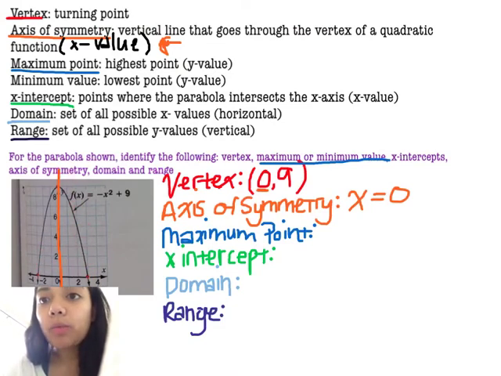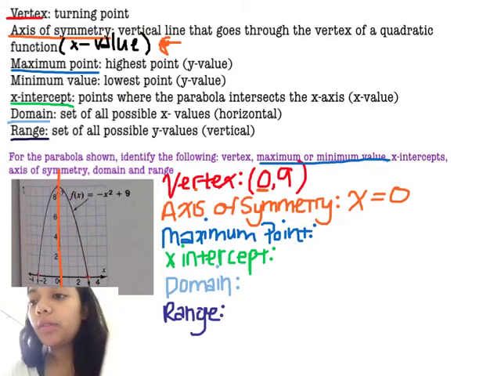My maximum value is my highest point, which is the y value. My maximum point is the y value, and that is 9, because 0, 9 is my highest point. So, again, just looking at my vertex, I could have figured that out.